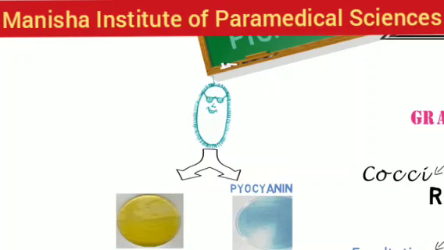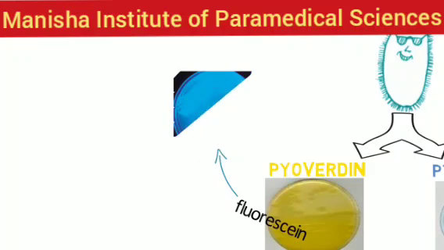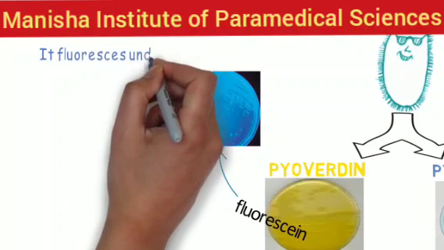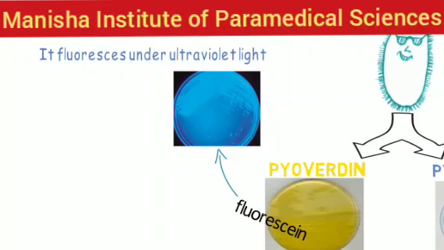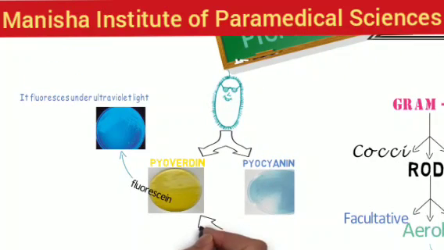It also produces a yellow pigment called pyoverdin, also called fluorescein. It is called fluorescein because it fluoresces under ultraviolet light, and this property can be used in the early detection of skin infections caused by Pseudomonas aeruginosa in burn patients.